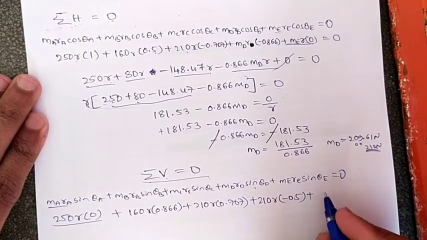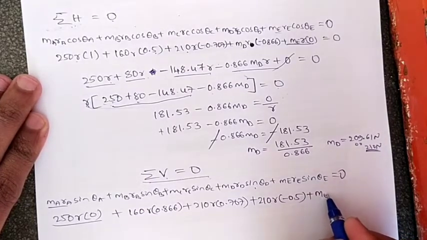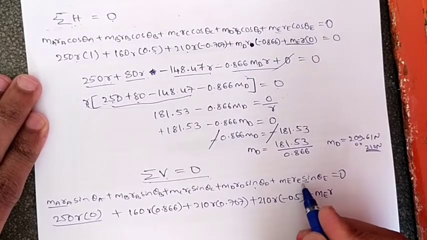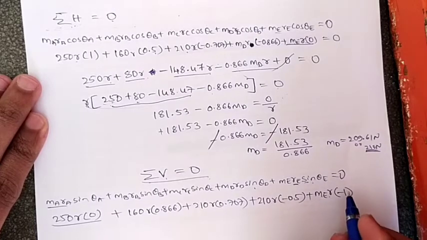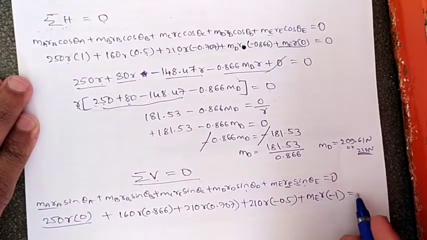ME you need to find, R as it is, so RE will be R. Sin of theta 270 degree is minus 1.